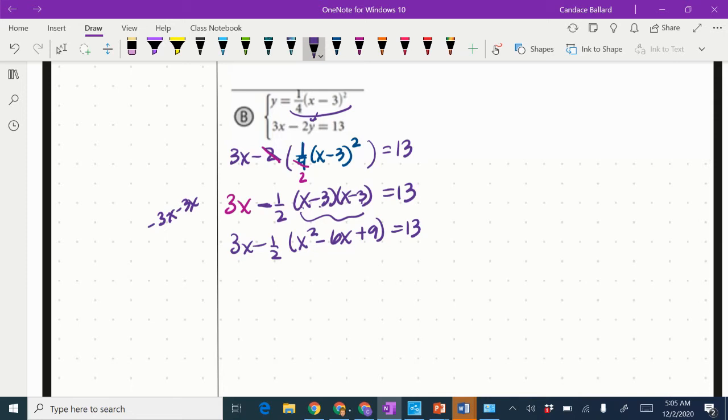Then they were kind enough to give us this fraction here, so I'm going to distribute that fraction in. So we get 3x, then negative 1/2 x squared. Negative 1/2 times negative 6 would be positive 3x. And then negative 1/2 times 9 would be negative 9/2 equals 13.